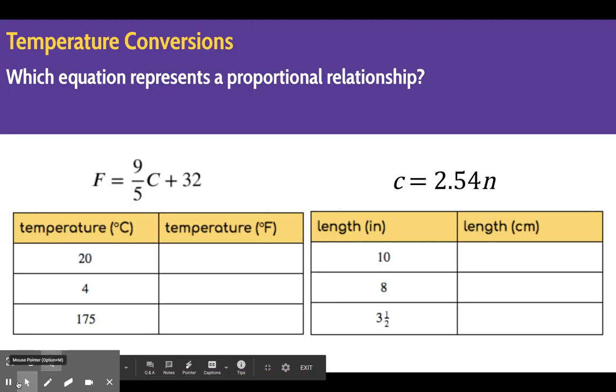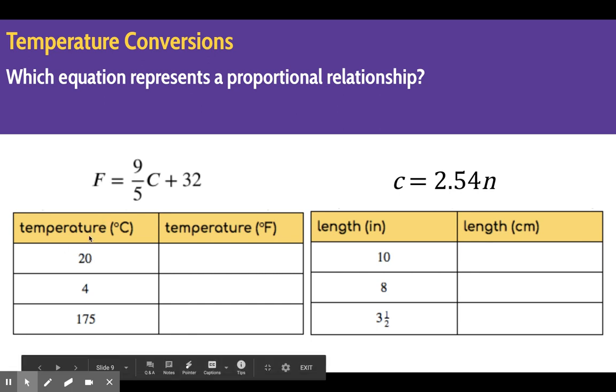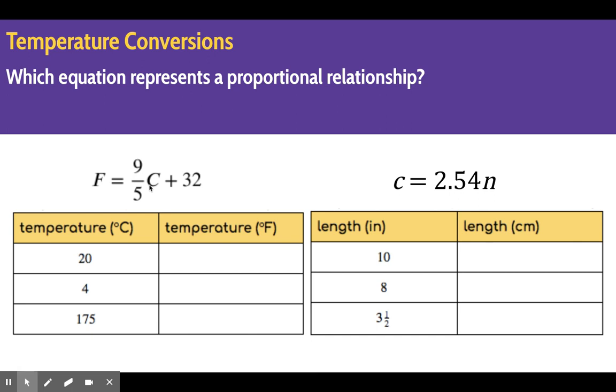So let's look at this table of temperature conversions. It says which equation represents a proportional relationship. So if you notice, I'm given two equations and I'm going to have to complete the table. So hopefully you notice that instantly all I need to do is substitute in my values for the first part of the table into each equation for the variable.